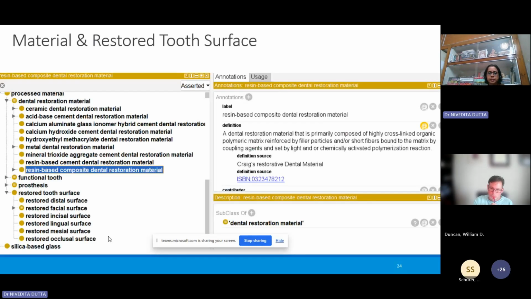So this is the Protege view, where you can see that there are distinct classifications of ceramic dental restoration material, metal dental restoration material, resin dental restoration material, and different cement dental restoration material, with clear and distinct definitions and also the mention of the definition source.